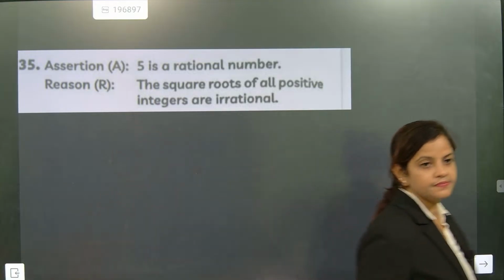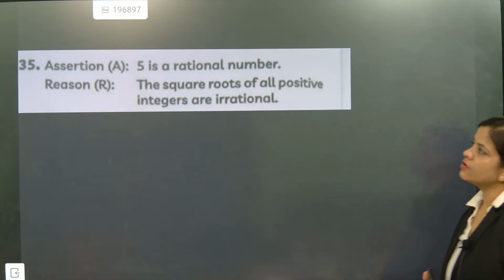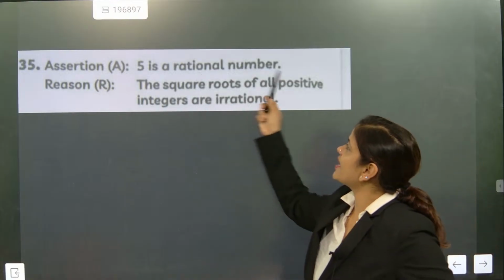Very good. The assertion is true. 5 is a rational number, correct.